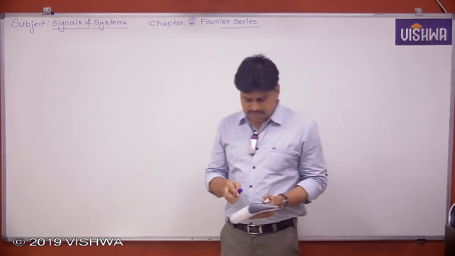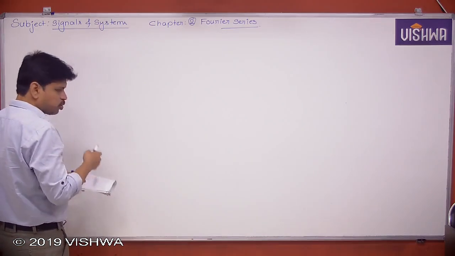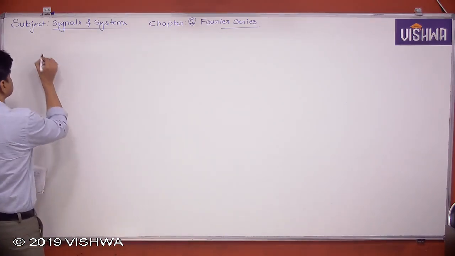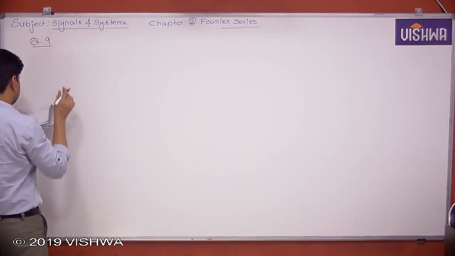Based on this we can do one question. It has many sub questions. Let's say question number 9.